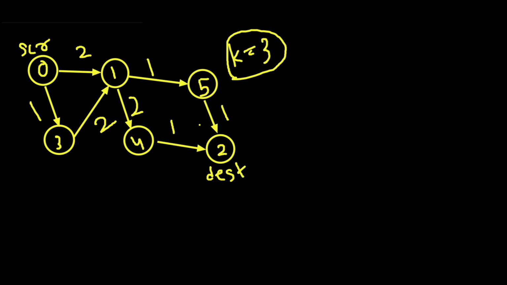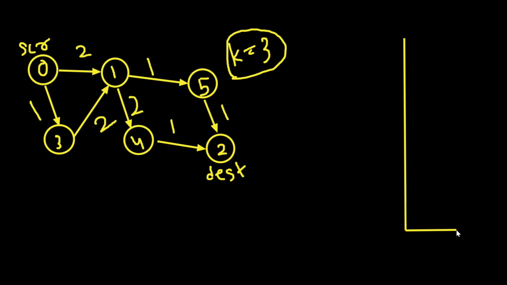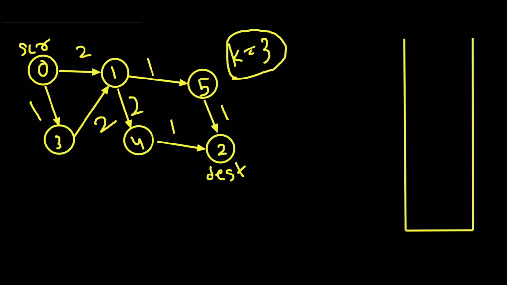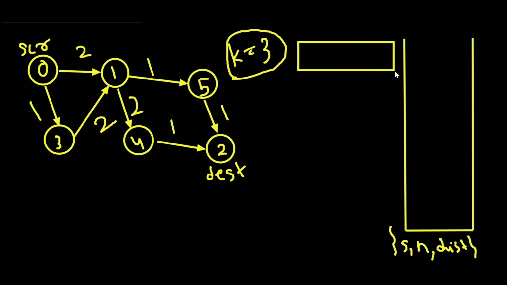For solving this, let's take a simple priority queue, or we can take only a simple queue. In this we are going to store the number of stops, the node and the distance. Let's take a distance array to store the distance from source to other nodes.